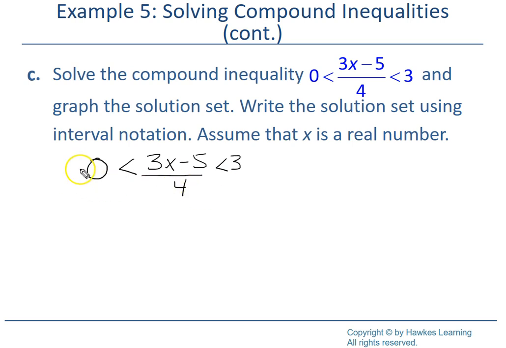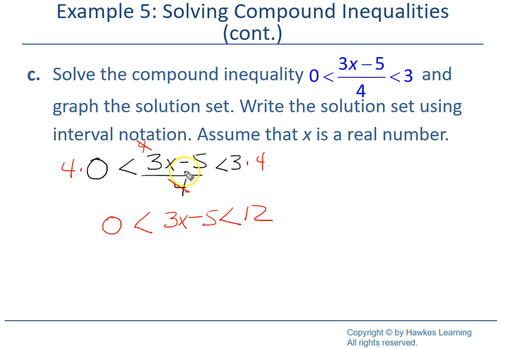Since this is all one term and I'm multiplying it by 4, the 4's will cancel out, and I multiply this by 4. So it's much easier. 4 times 0 is 0. This is less than 3x minus 5 is less than 3 times 4 is 12.